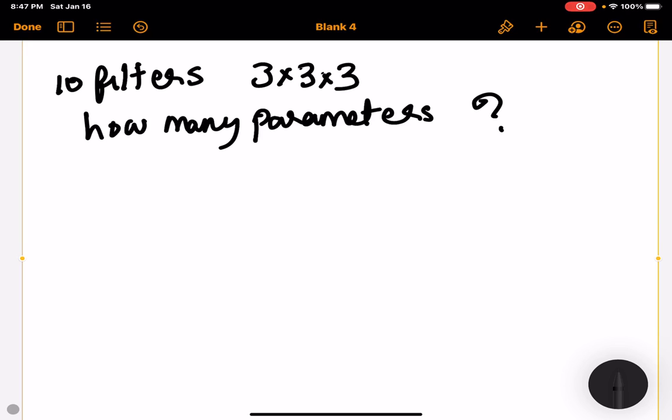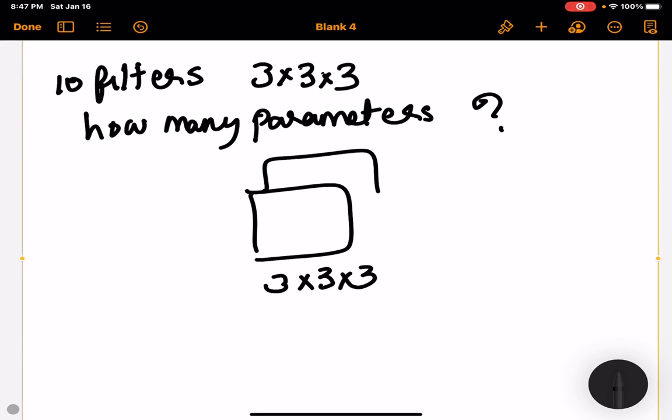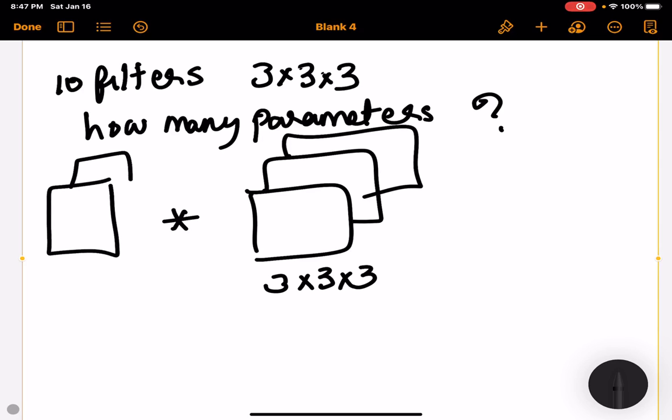So I have a 3 cross 3 cross 3 filter. So it probably means that I am convolving this filter with a color image, right? So that's something we can automatically deduce.